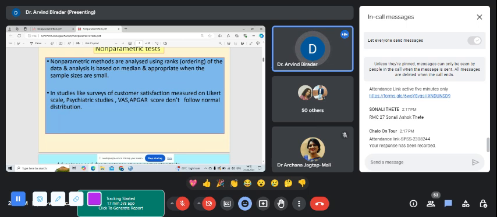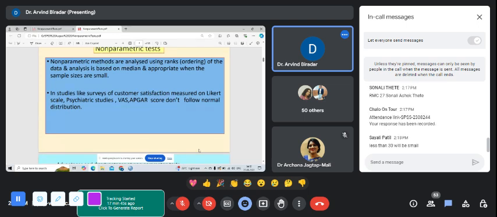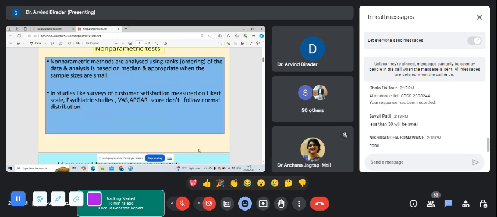How are you going to decide it? Less than 100? No. If n is less than or equal to 30, then it is a small sample. If n is greater than 30, it is a large sample.